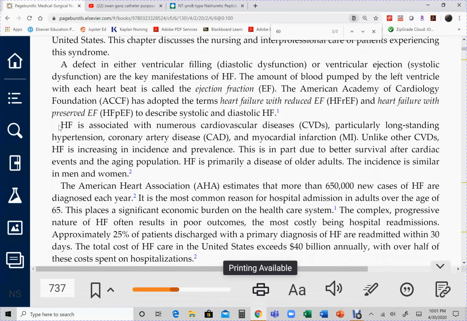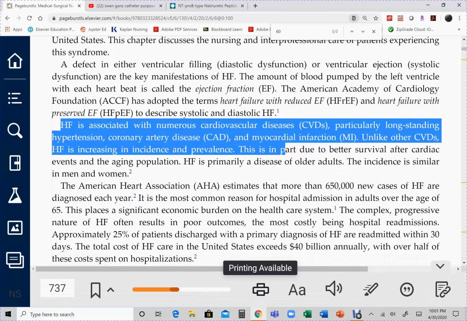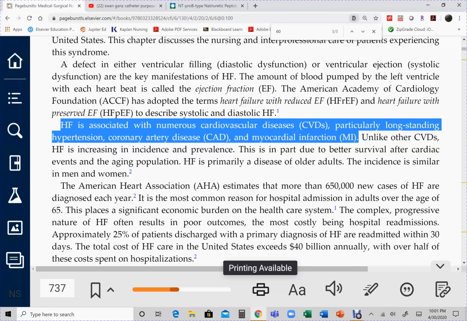And as mentioned here, these are the other chapters that I said can lead to heart failure. In fact, when we go to the table shortly, you'll see that several diseases, both cardiac related and non-cardiac related, can lead to heart failure.